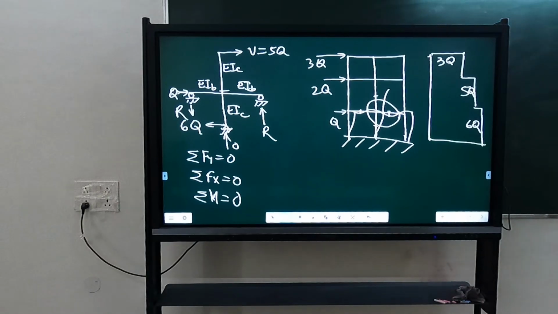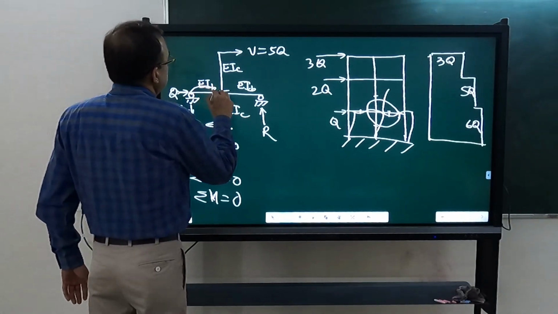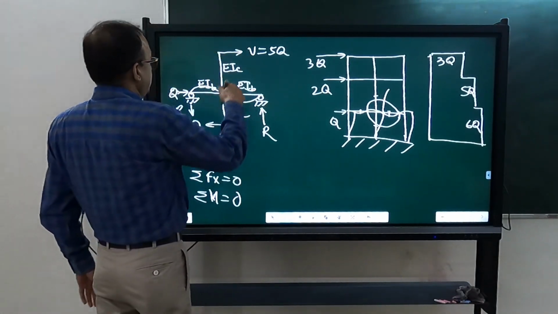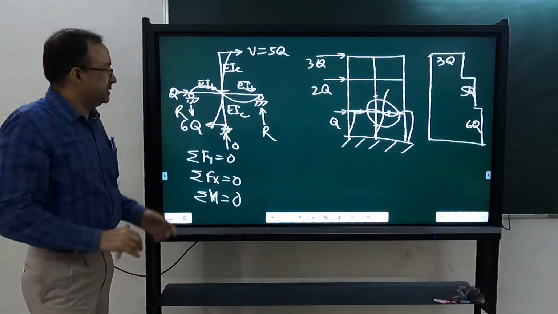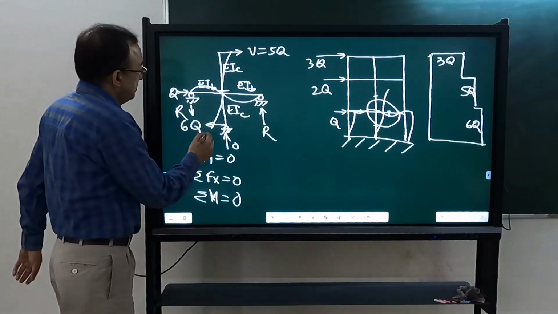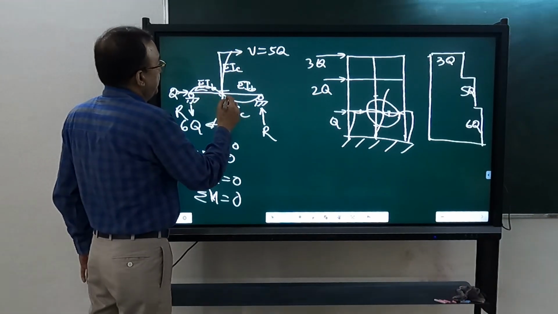What else can you do for analyzing an indeterminate structure? You have to use compatibility. So let us say it is rotating like this. I am not shifting it; I have kept it here itself. This displacement I will come to later.